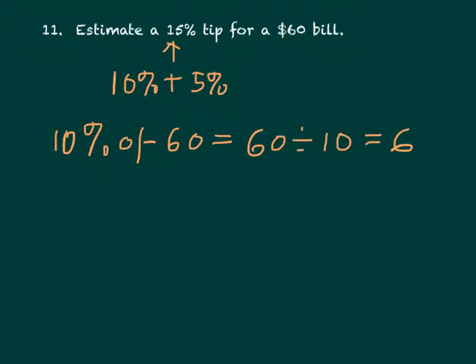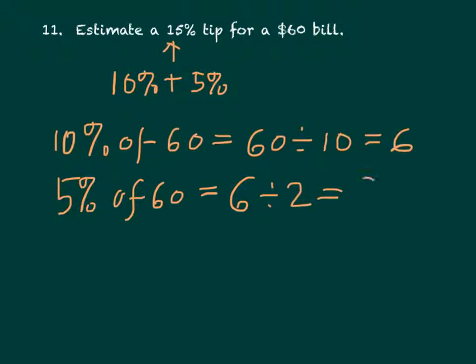And then 5% of 60, it might seem trickier, but you already have $6 here. 6 is 10%. 5% is half of 10%. So you do 6 divided by 2, and then you get 3. So 5% of 60 gives you $3.